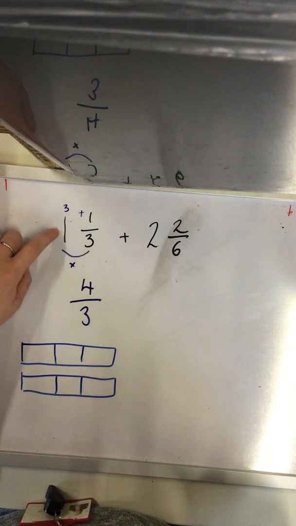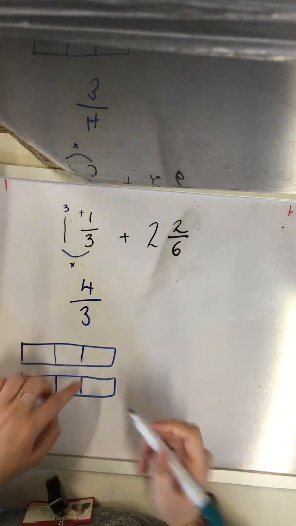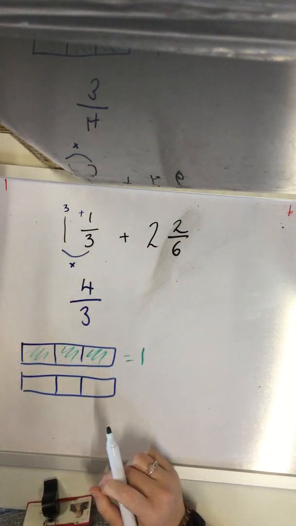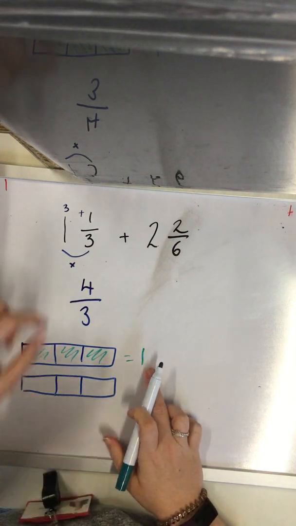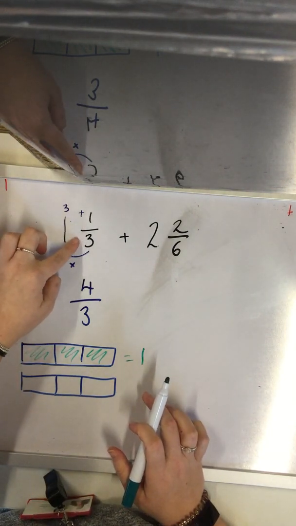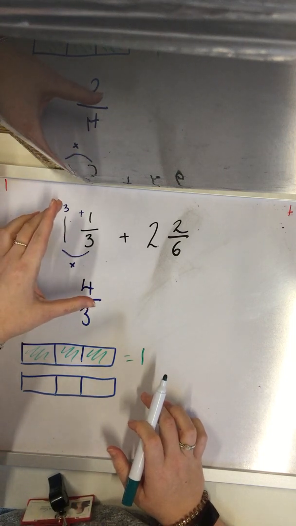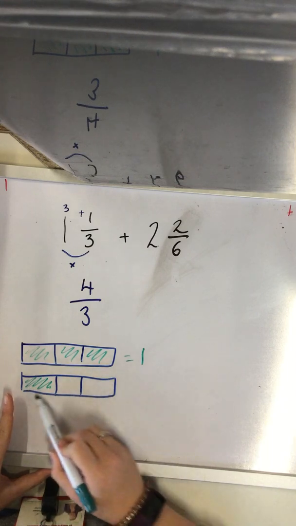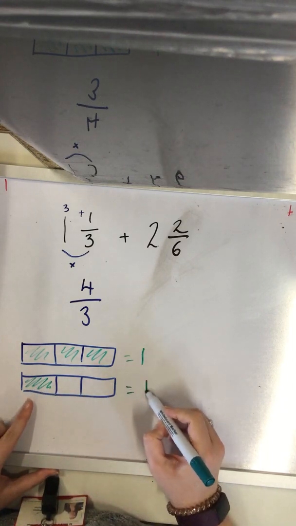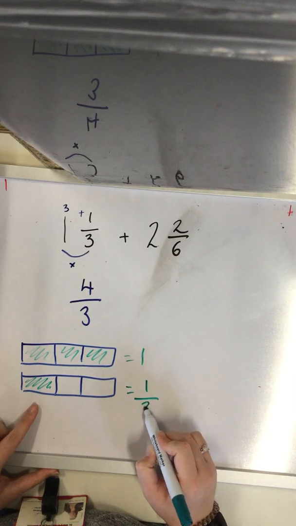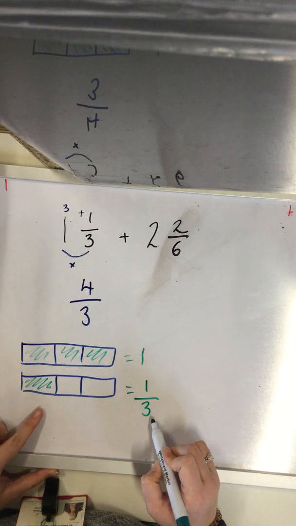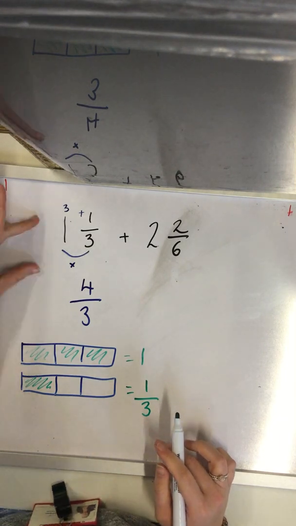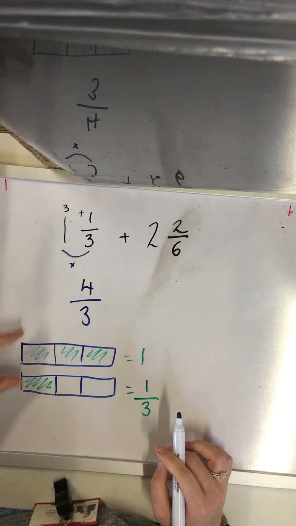So we've got one whole here. We're going to shade all these 3 in, because these represent one whole. And then this here is 1 out of 3. It's like part of it. So we're just going to shade 1 in here, because this model represents 1/3. One of the 3 is shaded. So this diagram is saying 1 and 1/3.